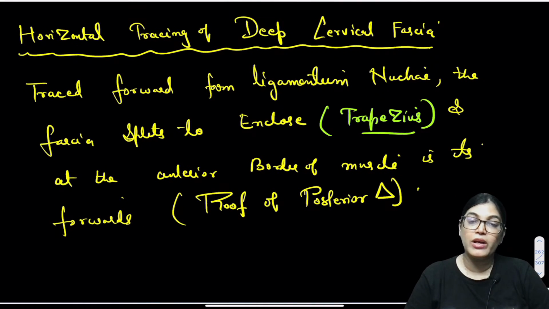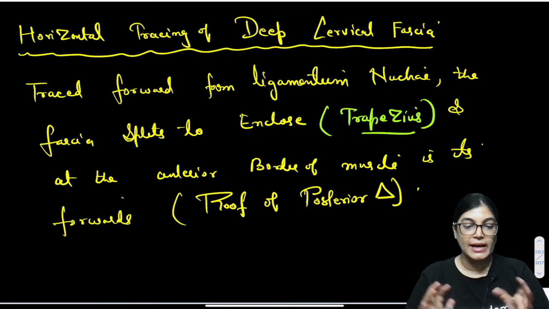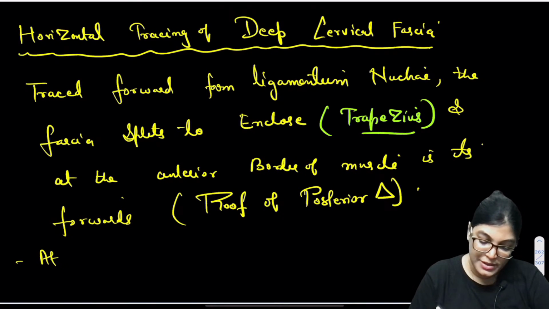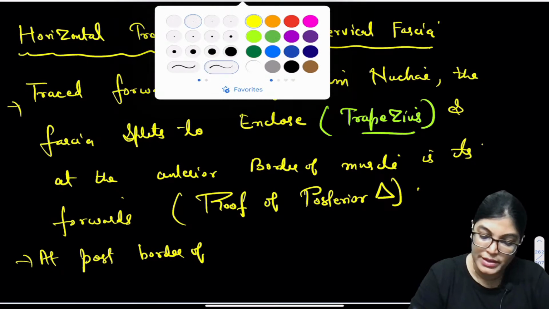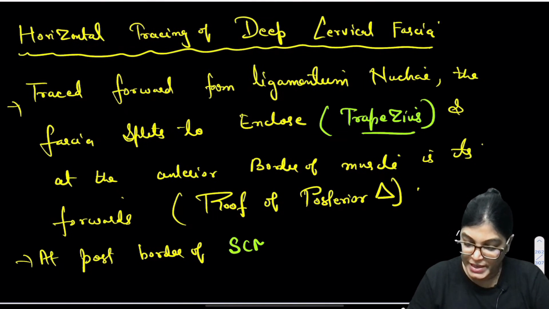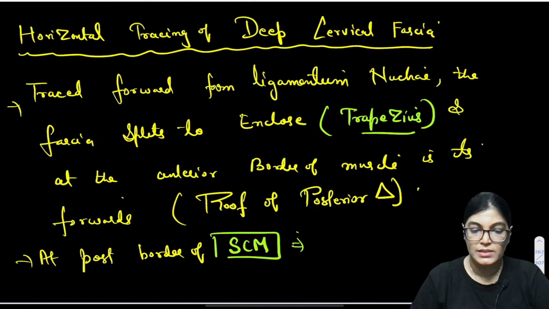At the posterior border of the sternocleidomastoid muscle, it will again split. So the next point is, at the posterior border of which muscle? Sternocleidomastoid muscle. I am writing in short form SCM, sternocleidomastoid muscle.